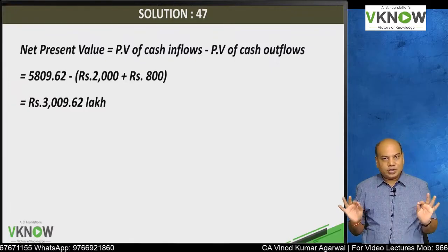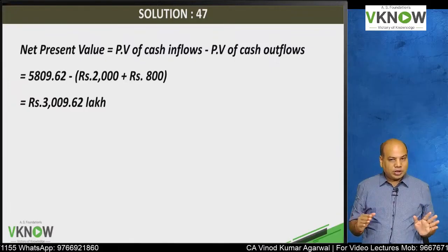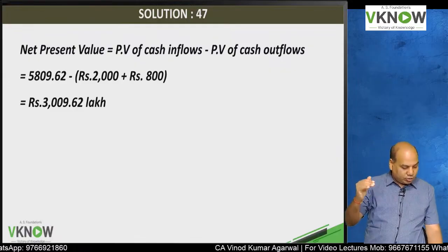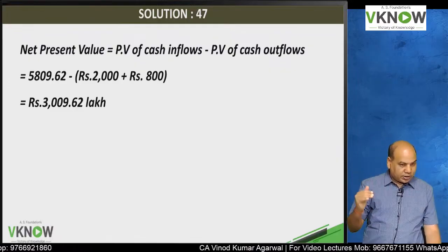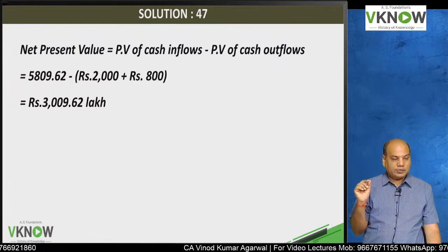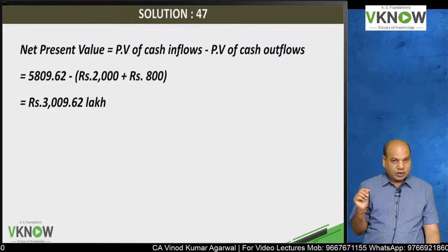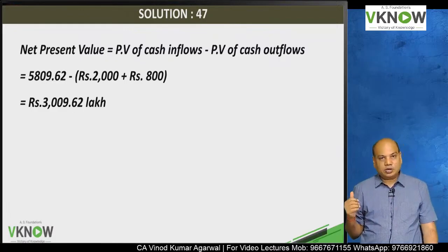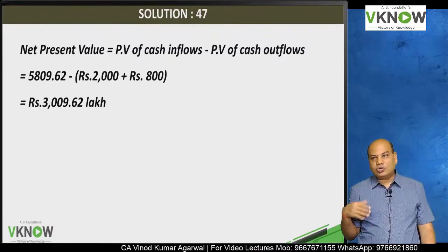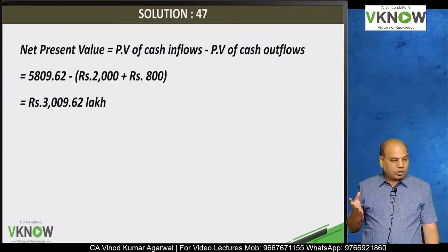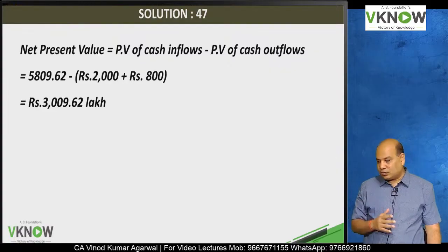Very easy basic question. But what they have done, they have asked you, what if the selling price reduces by 10%? Selling price, if it reduces by 10%, it will become 450. But what about the variable cost? Will variable cost also automatically reduce? Or variable cost will take from the previous question?